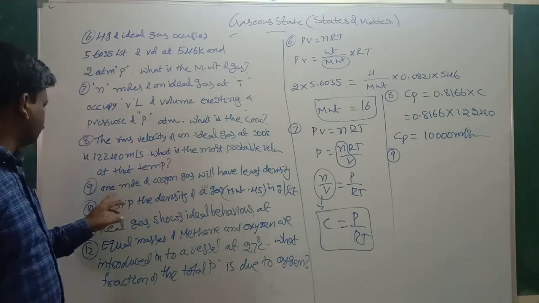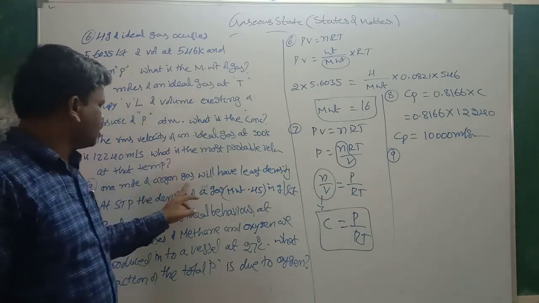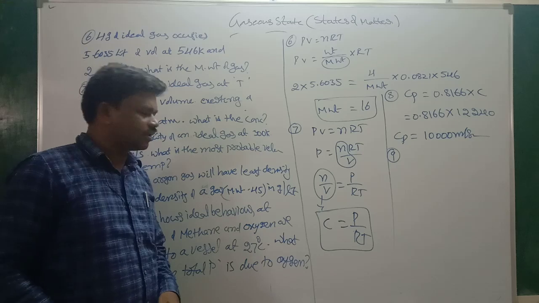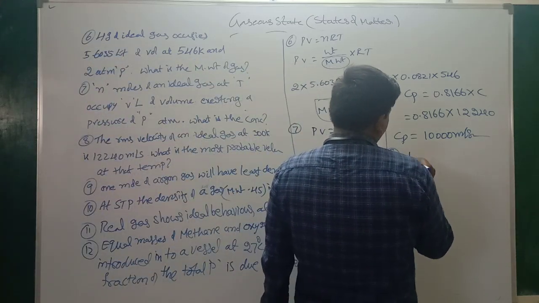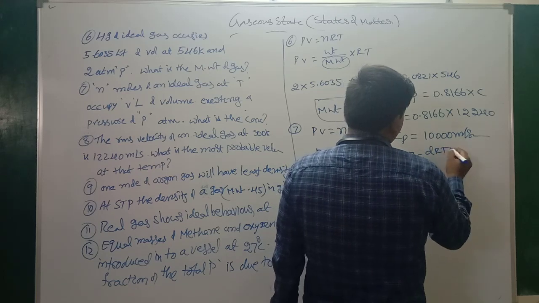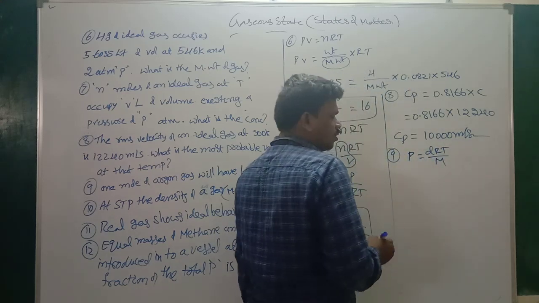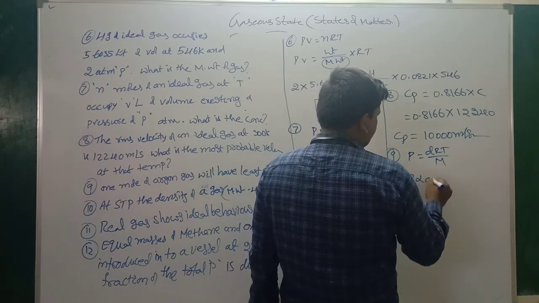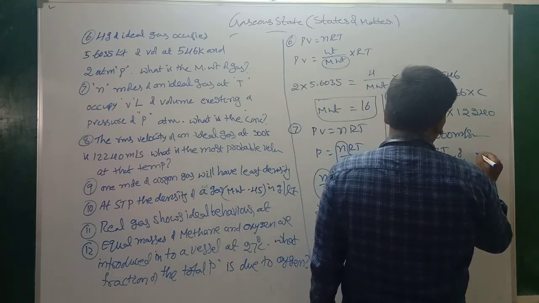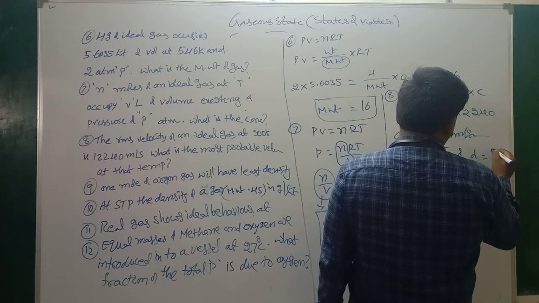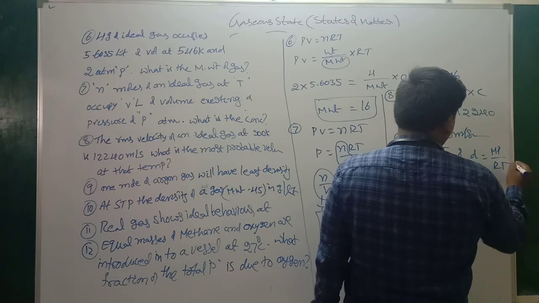And another, 1 mole of argon gas will have least density. Generally, P equal to dRT by M. Here pressure is directly proportional to density, or d is equal to MP by RT.